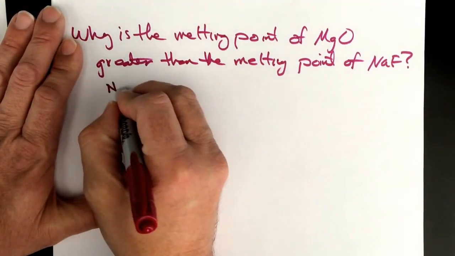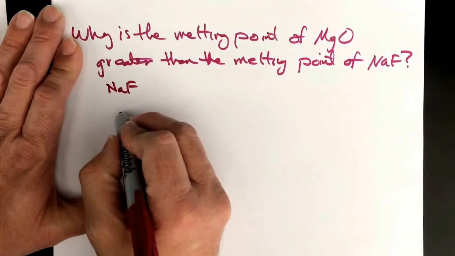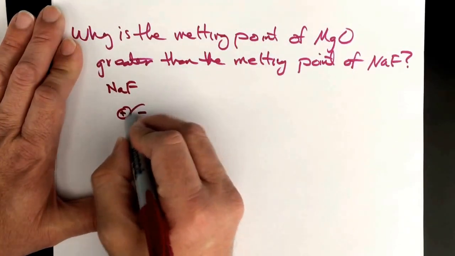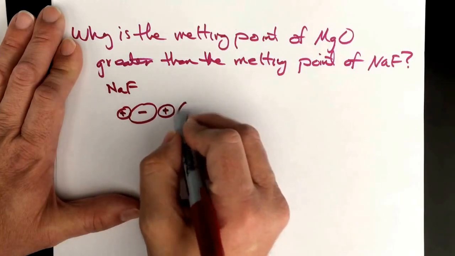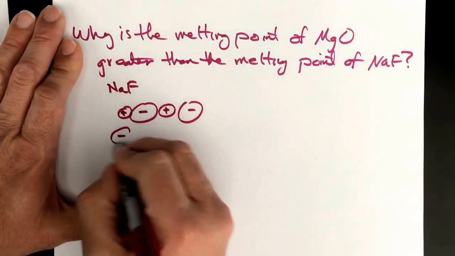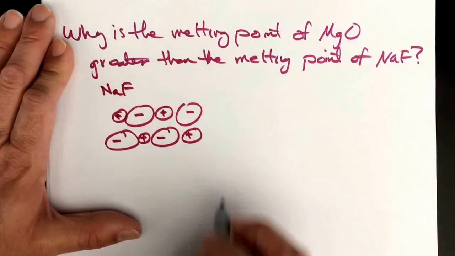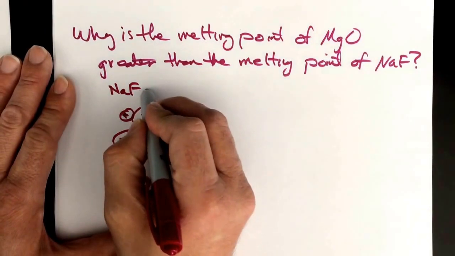So if we think about sodium fluoride, we're going to draw a lattice of sodium ions and fluoride ions. And I'm going to represent these with the anions larger than the cations, because we know now that that's the case. So this would be sodium fluoride solid.